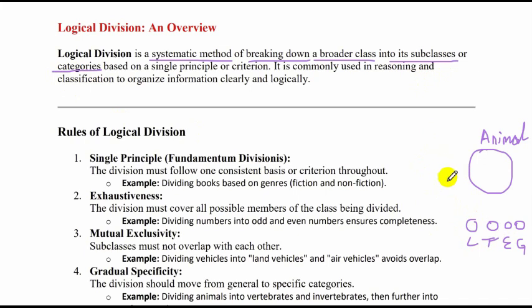Mammals, birds, and so on, like basically dividing it into either subclasses or categories based on a single principle or criteria. The division has to be on the basis of a single principle or criteria. It is commonly used in reasoning and classification to organize information clearly and logically.